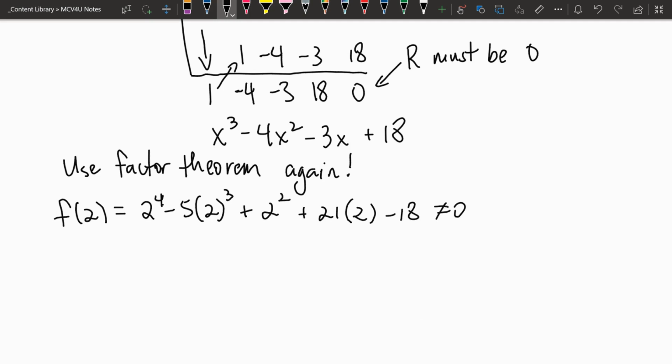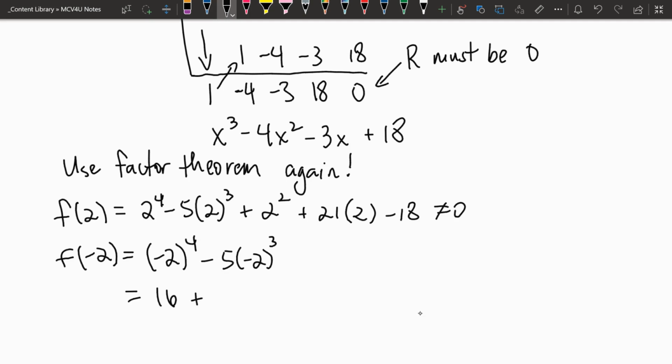If I tried f of negative 2, we get negative 2 to the power of 4, which is 16, minus 5 times negative 2 cubed. Double negatives makes positive. 8 times 5 is 40. Okay, and then the plus negative 2 squared, which is 4, so plus 4.